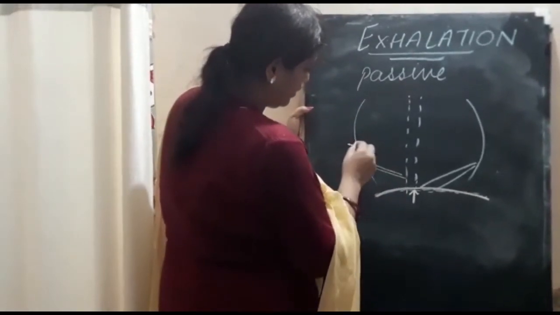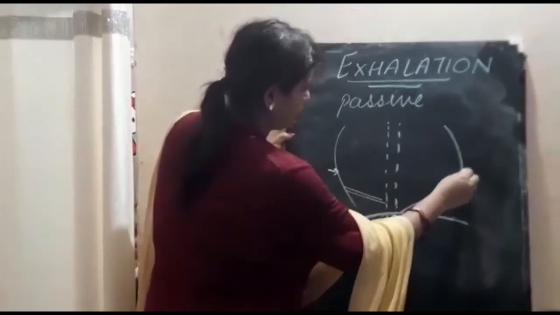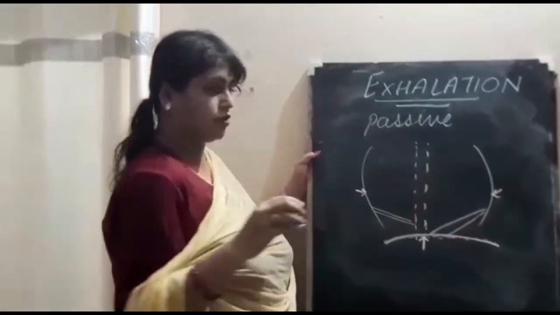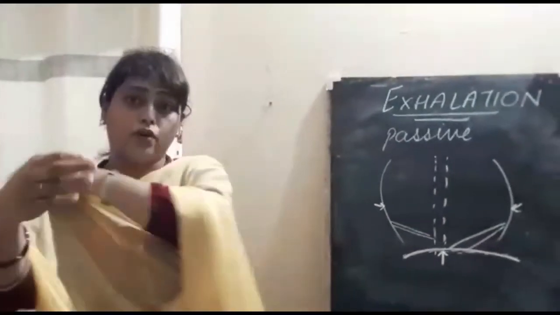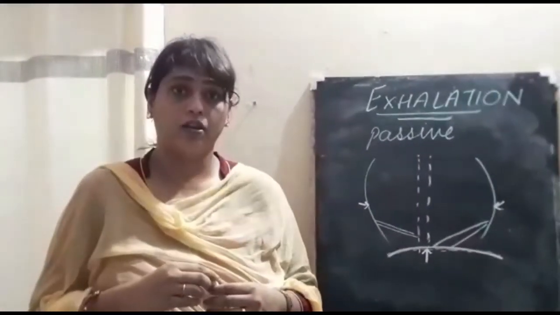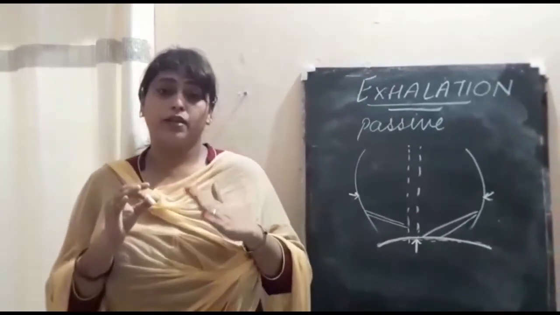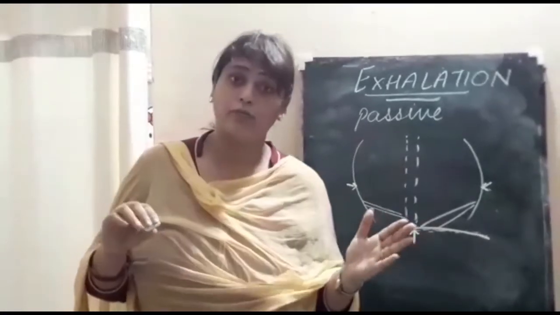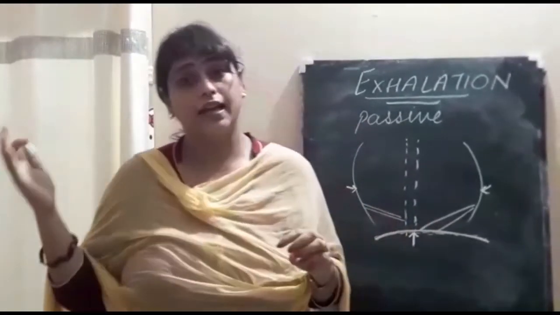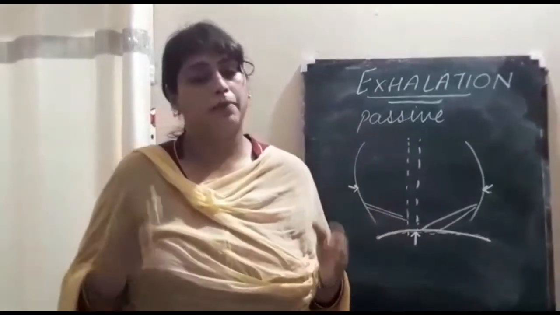And even the rib cage comes back to its same position. So this was the whole process of exhalation. I'm sure children, you must have understood the difference between inhalation, which is an active process, and exhalation, which is a passive process.